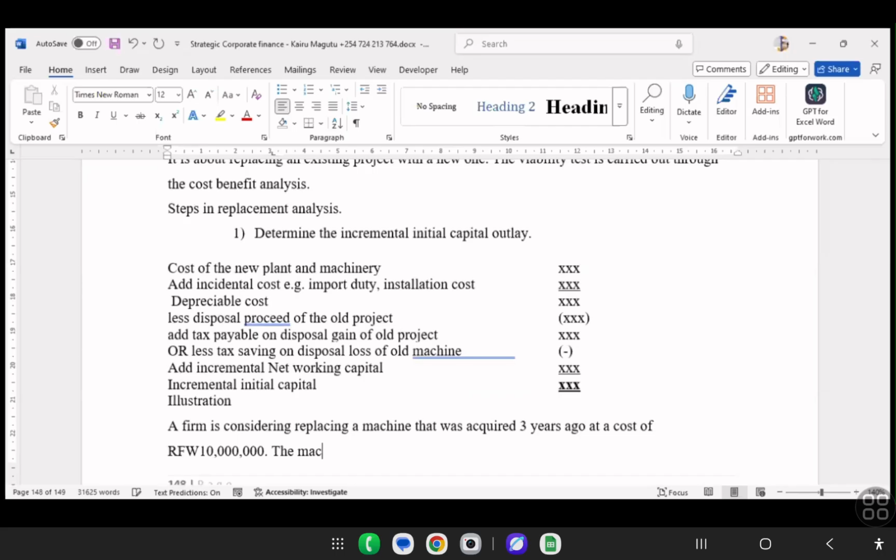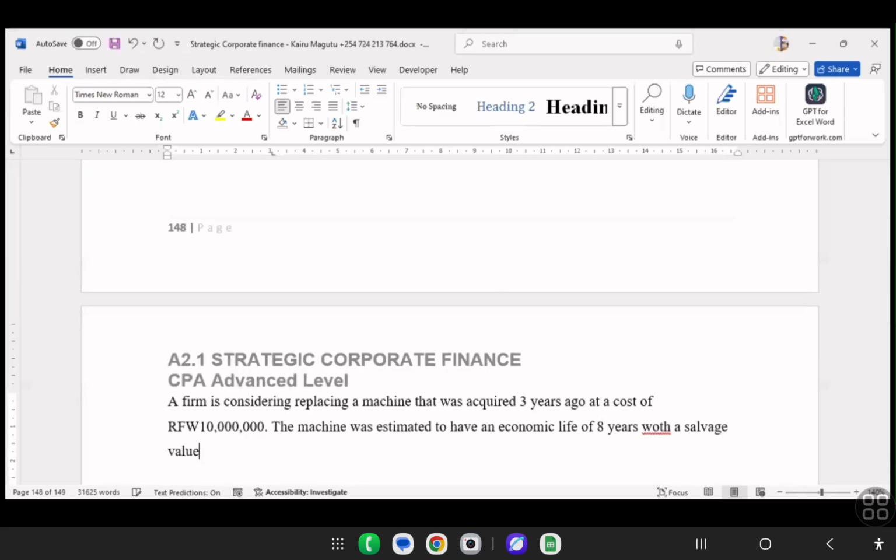The machine was estimated to have an economic life of 8 years with a salvage value of, let's say, 4 million.